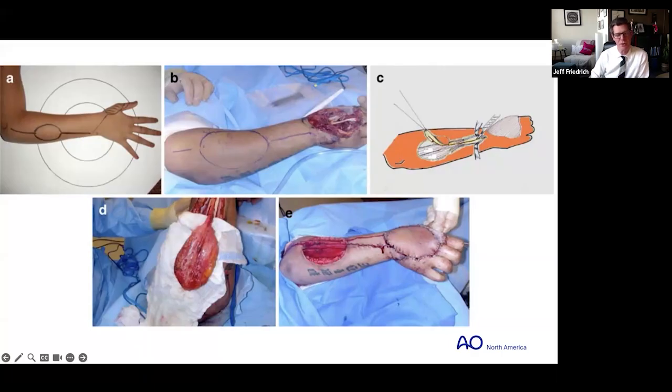And the Page and Chang article talks about that phenomenon, and that it often is not necessary to take that more proximal perforator, but more is usually better for flap perfusion too. So it can be a balance.